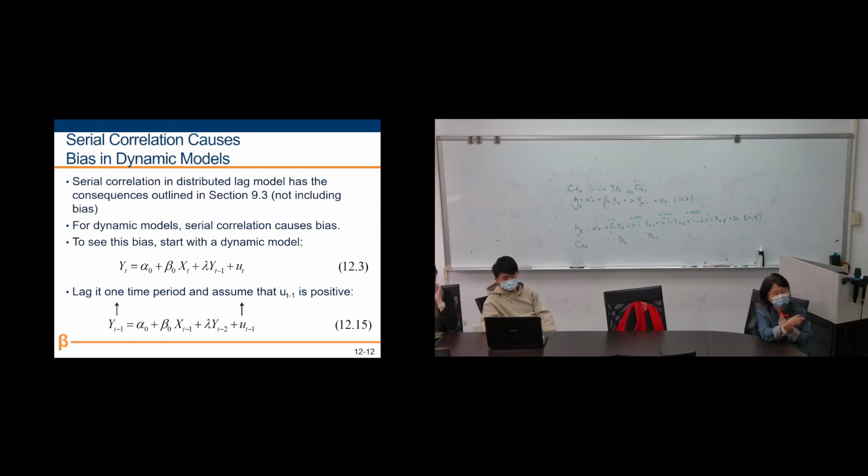Oh, they started talking about the zero correlations. So let me bring back what we talked about when we discussed the remedies. So what should I do, the distributed lag or the dynamic model?